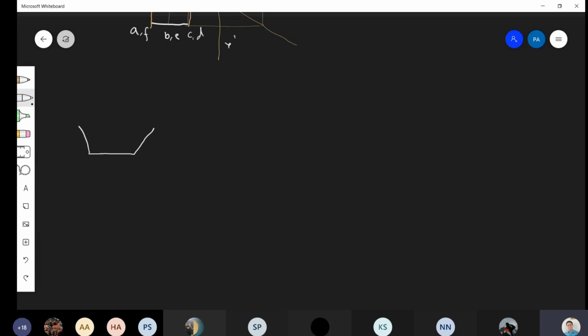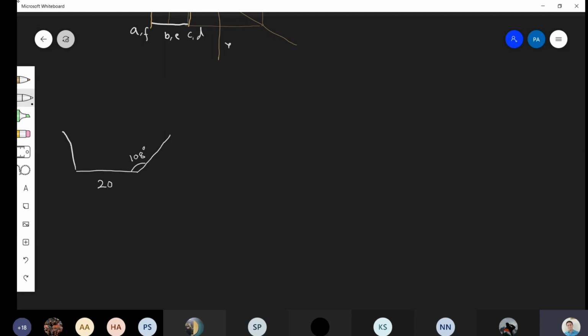First thing is how to draw a pentagon. In order to draw a pentagon, we first draw a line like this. This is equal to the side of the pentagon, let it be 20. Then we'll draw another line here, and the internal angle will be 108 degrees.